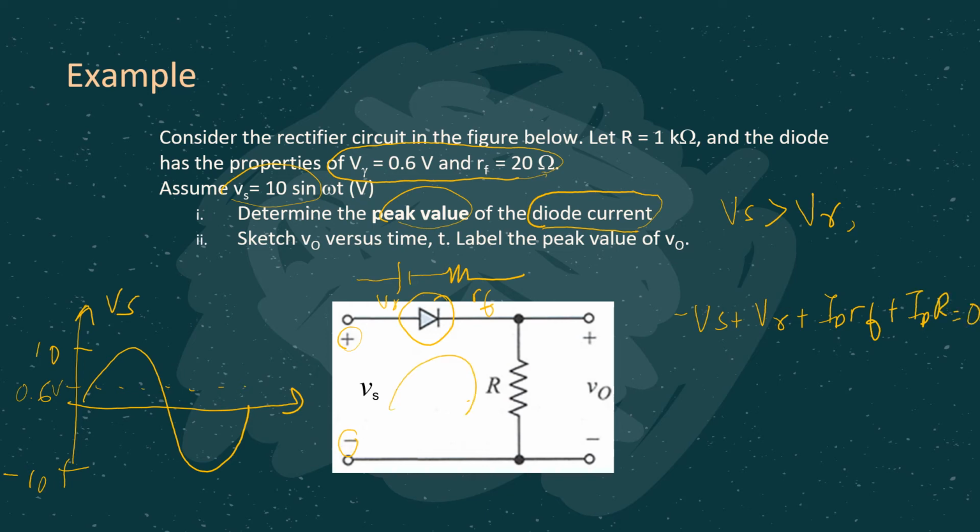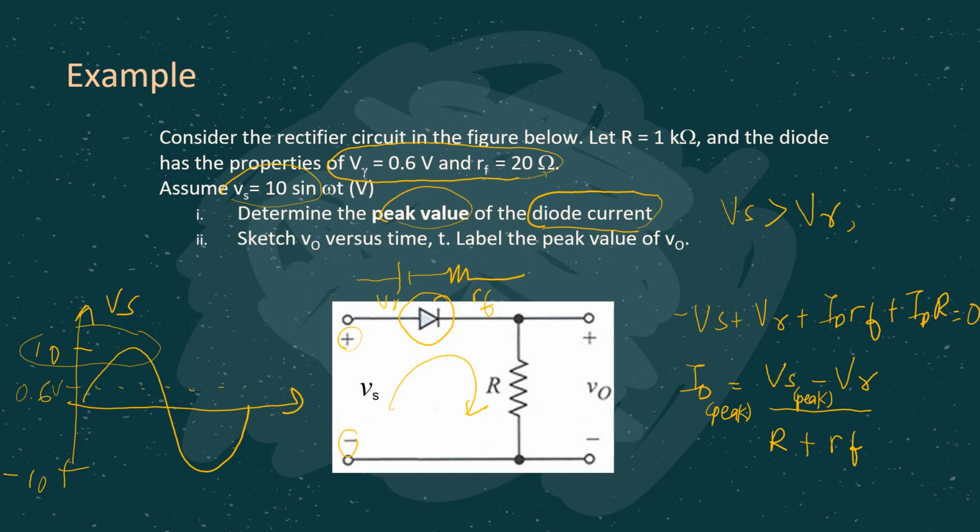If we rearrange, we get ID equal to Vs minus V gamma over R plus RF. Then we are looking for the peak of the diode current ID. So obviously Vs should be at the peak as well. In this case Vs peak is given by 10 volt, the amplitude of it.